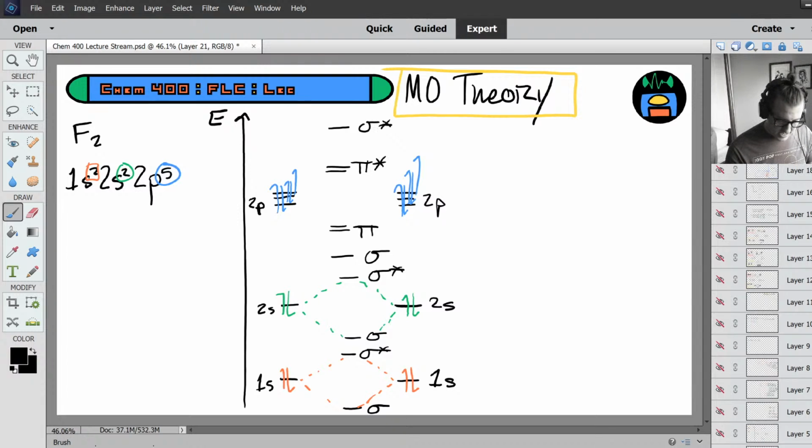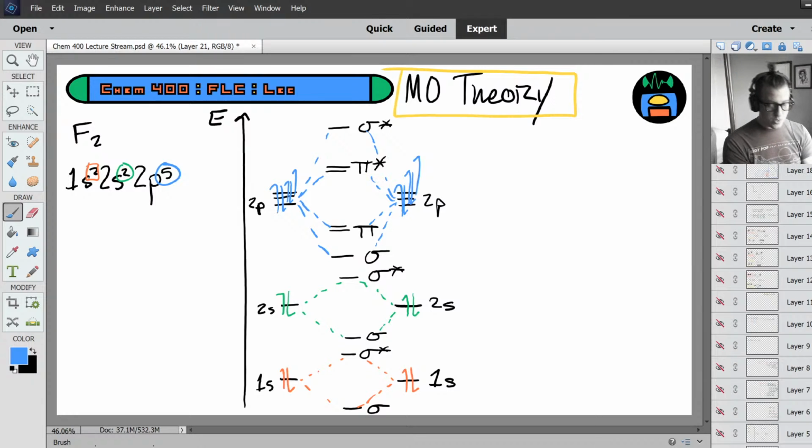We show them mixing here. All right, now we've written our molecular orbital diagram out.